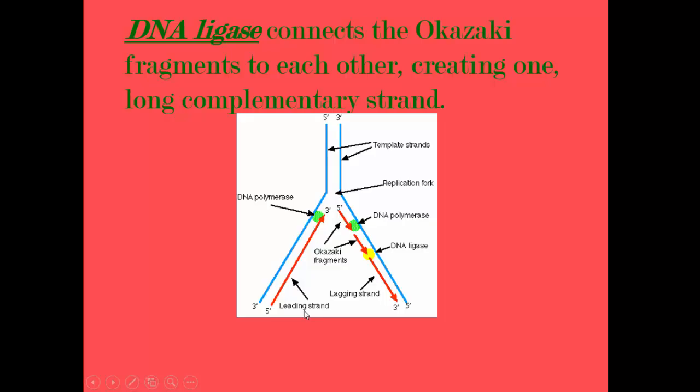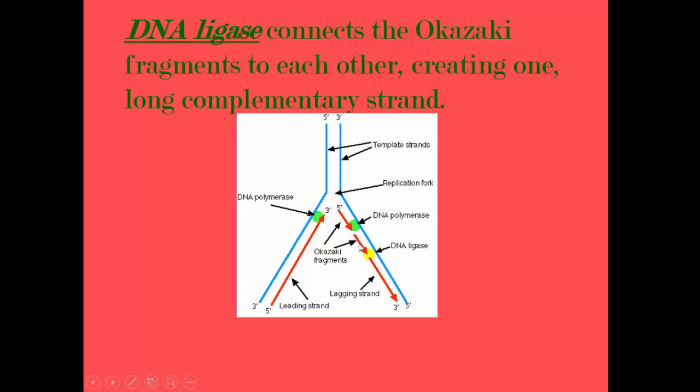So a third enzyme is going to come in here, and it's called DNA ligase. If you've ever heard of a ligature, it's a tie that binds something, that holds something together. So ligase is an enzyme that attaches pieces of DNA together. So DNA ligase is going to connect the Okazaki fragments to each other, and it's going to create one complementary strand. So here is a chunk of DNA that got created.